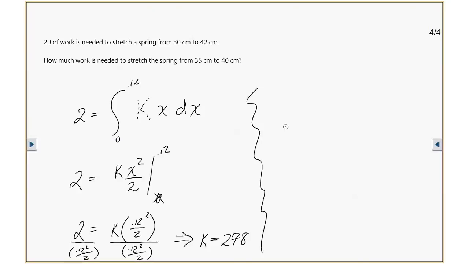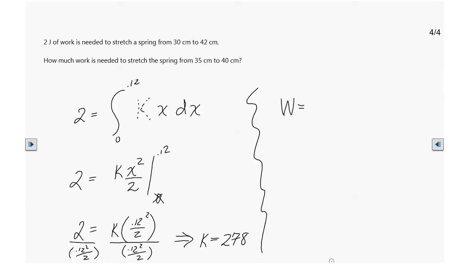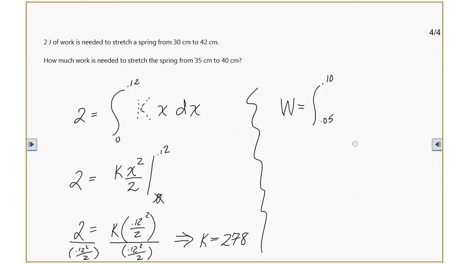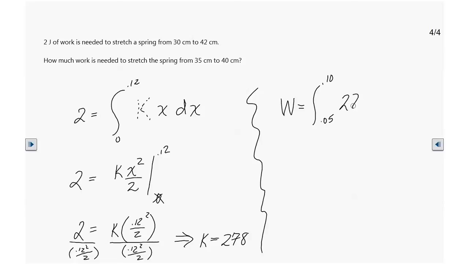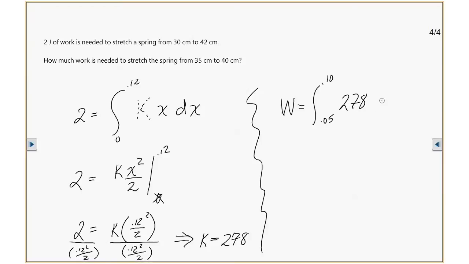So now W is equal to the integral from 0.05 to 0.10 of 278x dx.